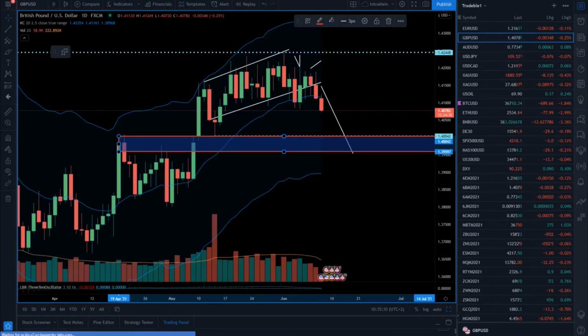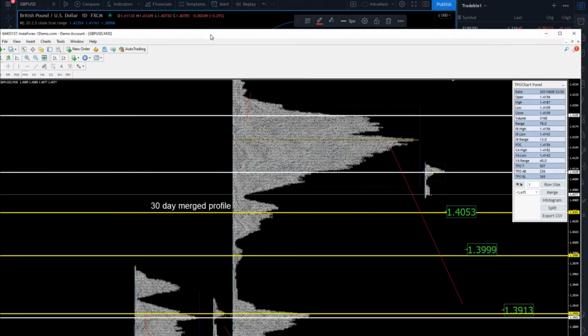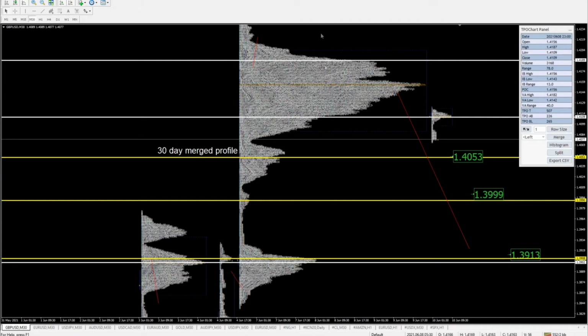If we speak about the market profile, this is the market profile chart. I'm using the MT4 platform, the InstaForex MT4 platform, and I merged 30 days back to produce one big profile, as you see on the left side.